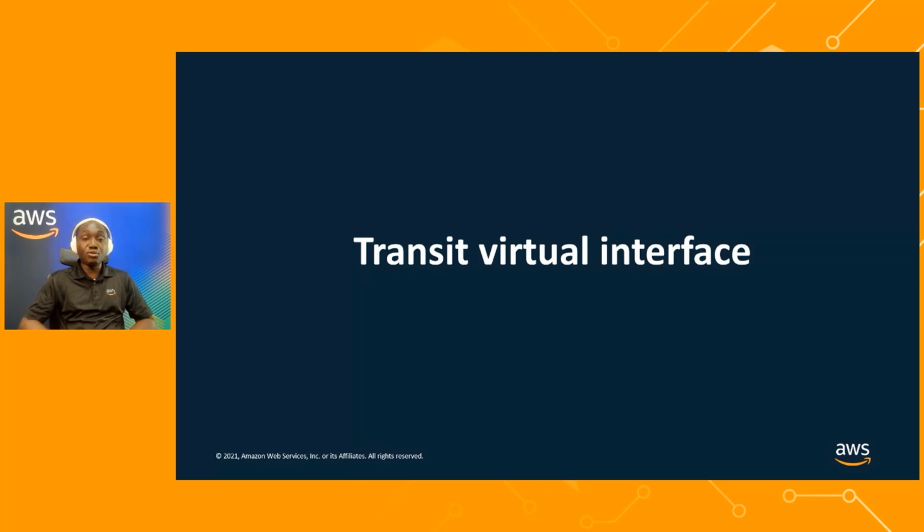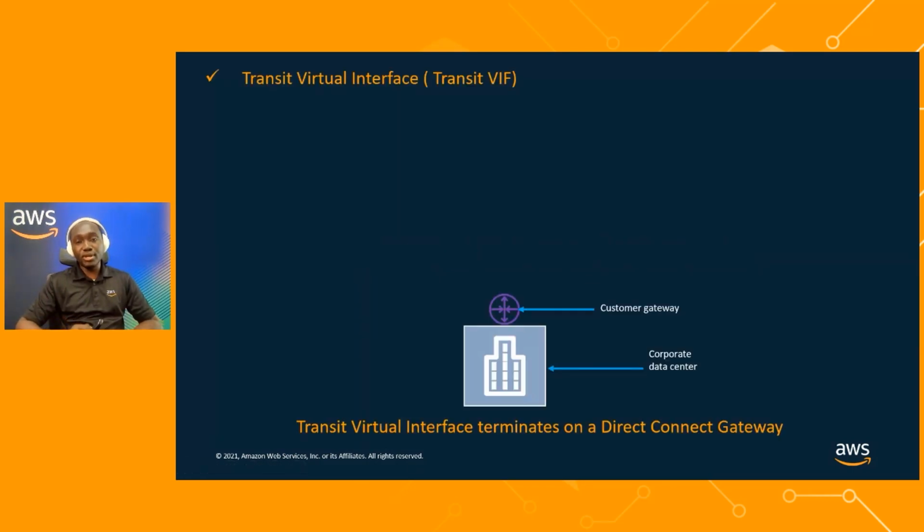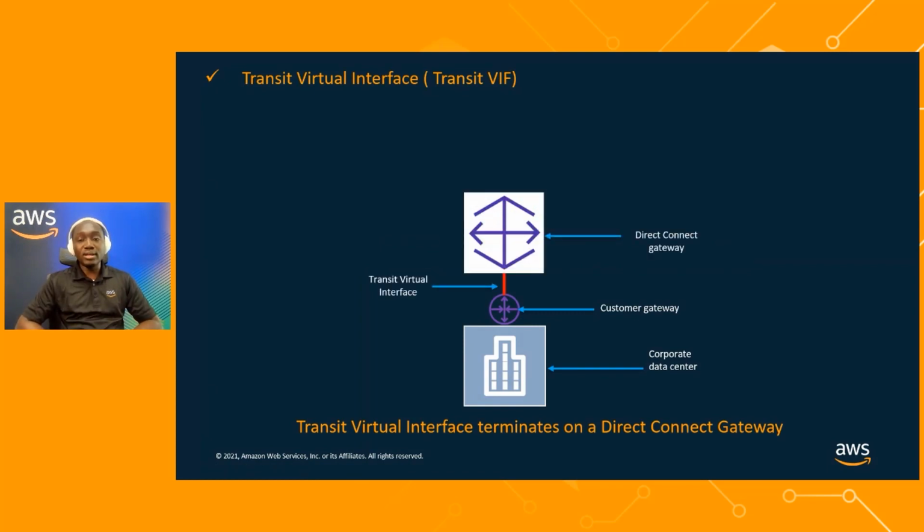So what is different about the transit virtual interface? We learned that the private virtual interface terminates on a virtual private gateway. The transit virtual interface, on the other hand, is configured a little bit differently. That one terminates on what we call a Direct Connect gateway, as opposed to the virtual private gateway.